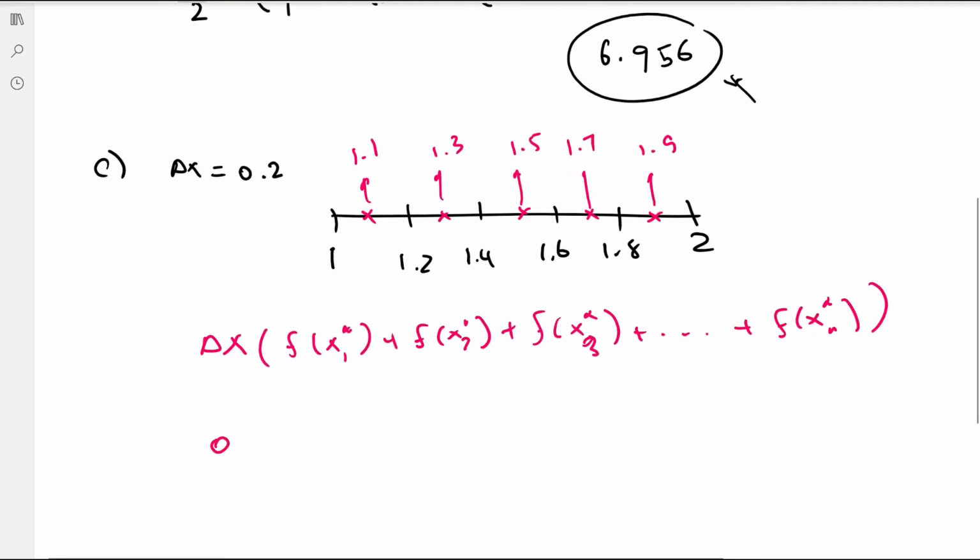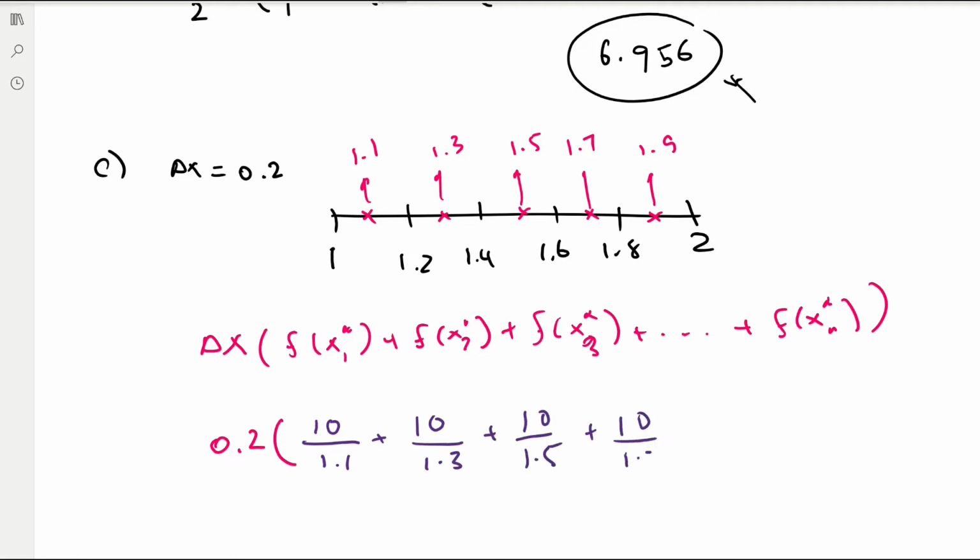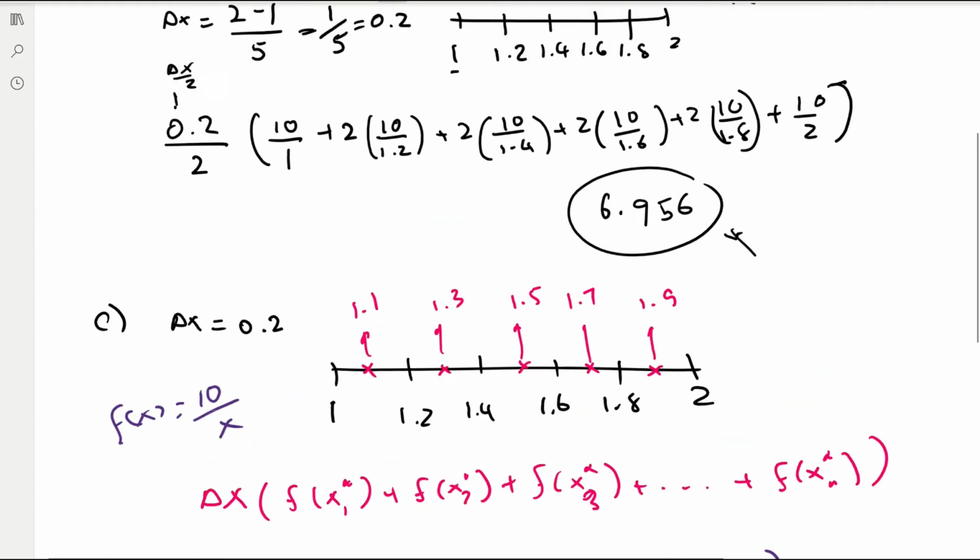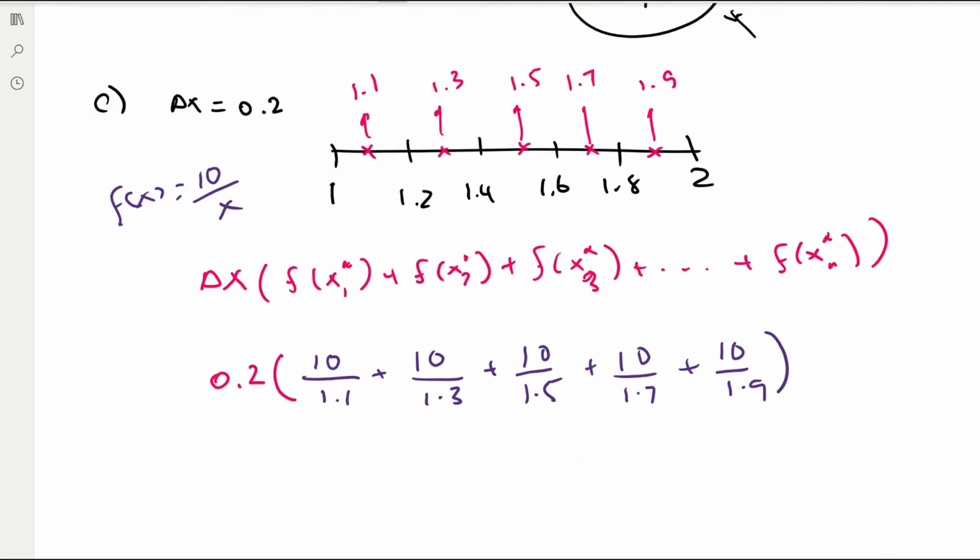Width is 0.2, so it's 0.2 times 10 over 1.1, plus 10 over 1.3, plus 10 over 1.5, plus 10 over 1.7, and the final one, 10 over 1.9. It's just evaluating the function at the midpoints. Remember the function is 10 over x. If I simplify this, what I got is 6.919. That's the answer that I got.